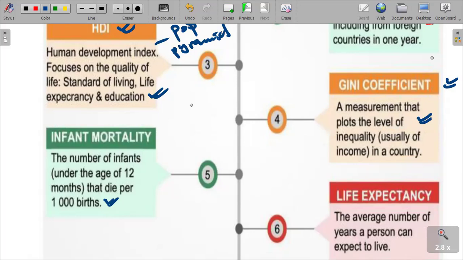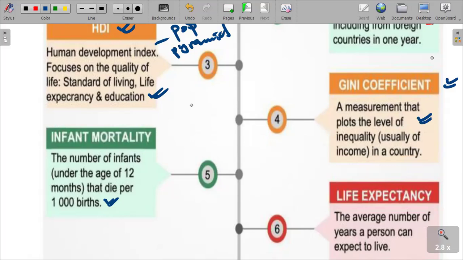When a country is well-developed, there is less inequality. It is quite important because it provides a statistical measure of income or wealth within a population.